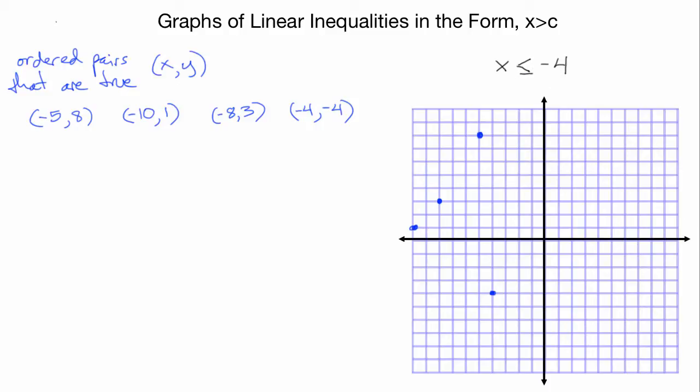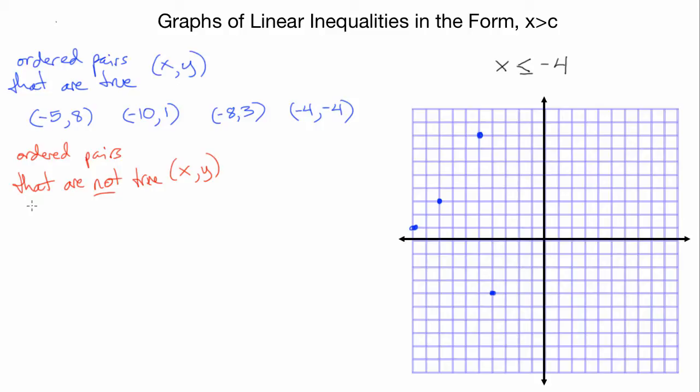All right, let's look at some points now that are not true. Ordered pairs that are not true. Underline not. These are x and y values that don't satisfy an x value less than or equal to -4.